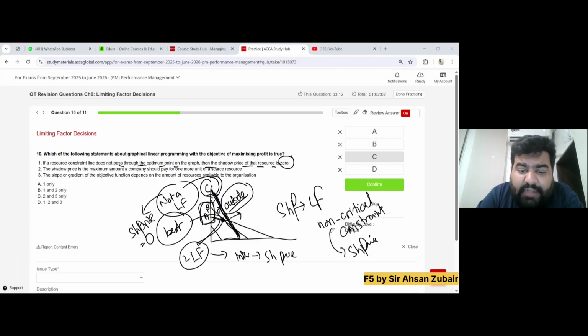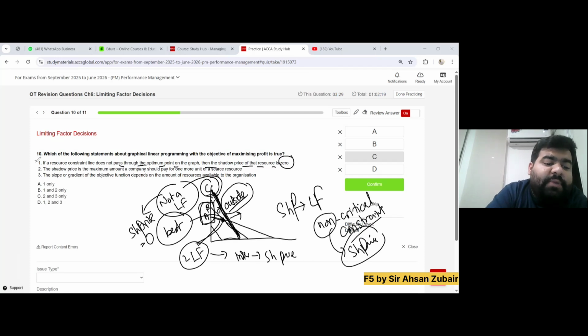Line C is already available in resources, you just are not able to utilize it because A and B are at their limit. So C is not utilized completely. It means it's a non-critical constraint, and for a non-critical constraint there is no shadow price. Shadow price will be zero. So statement one is okay.